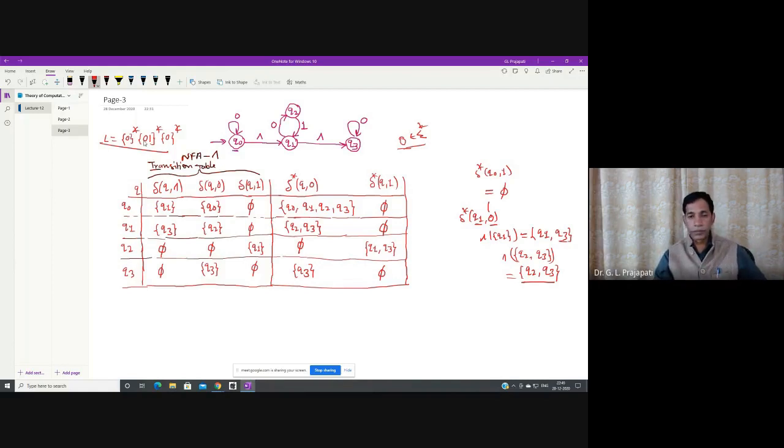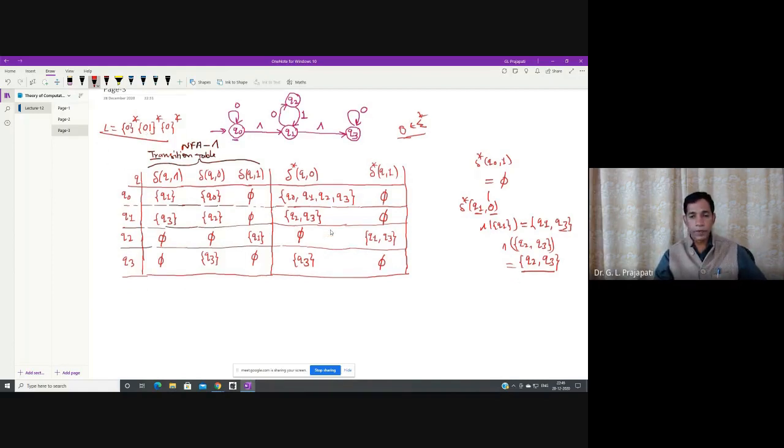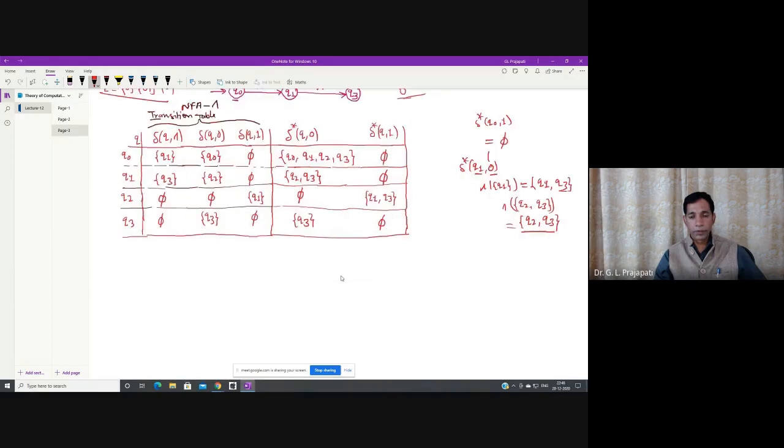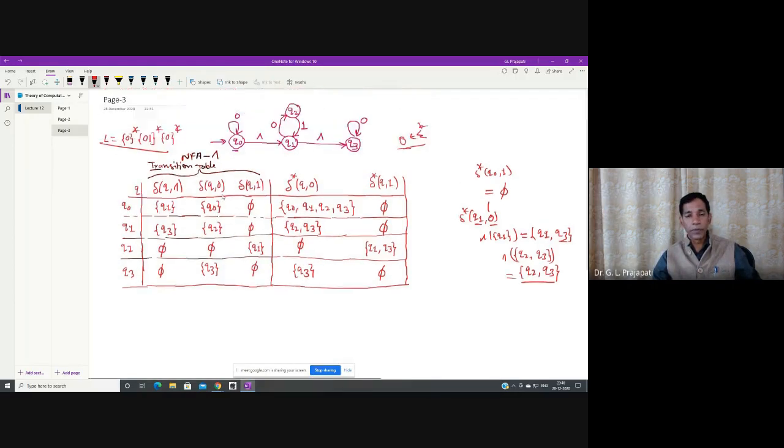So this is the way you can determine the states where your machine can reach on behalf of the input strings 0 or 1 from the state Q0, Q1, Q2 and Q3.